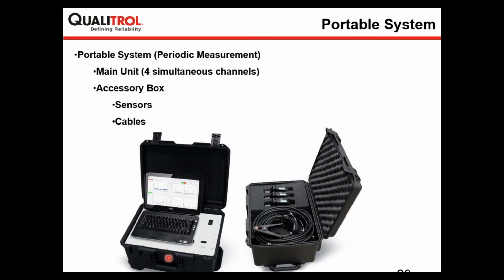This portable system is fitted with the filters, protection and acquisition card all inside this box, so it is very good to transport to different sites. And on the right side, you have a box which includes all the signal cables, sensors, and any accessories which will be delivered as a standard delivery.